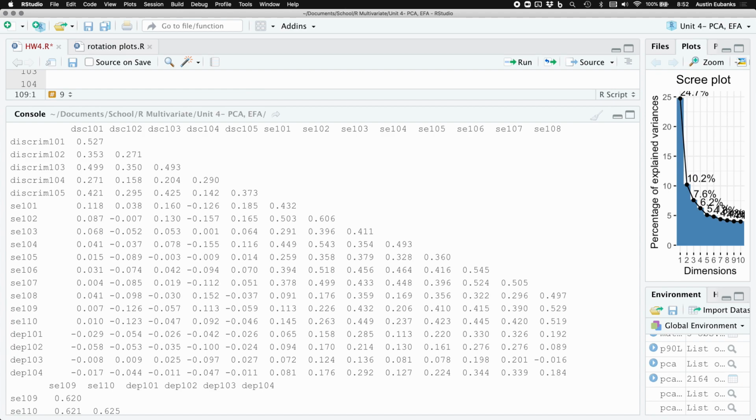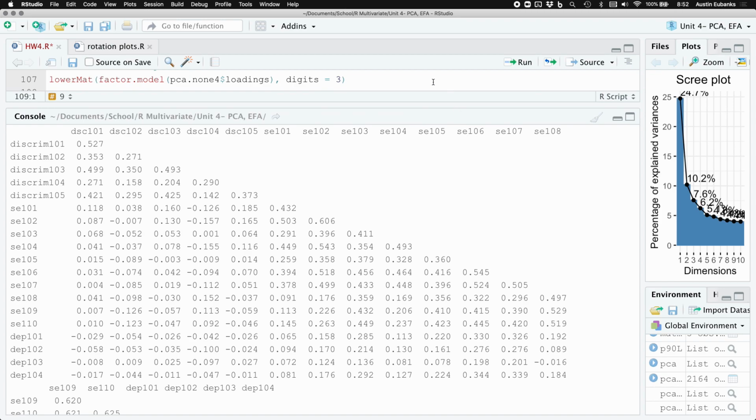Can I see your code for lower mat again? Right there. Oh, I forgot a parenthesis. Okay. So I know at least Linda's got it. How are others? Got it. Oh, good. You guys are so good.